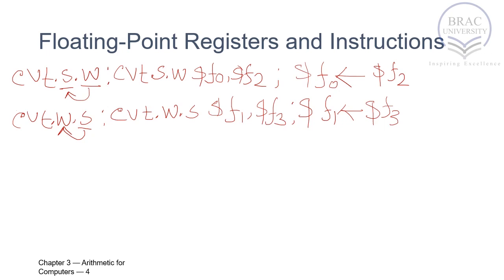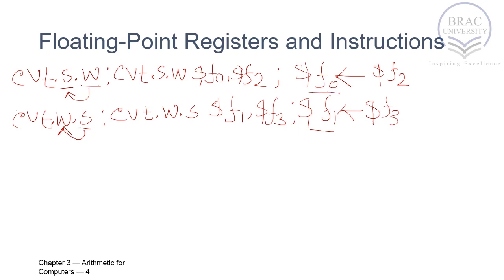That means we had a floating point value in F3, and we are converting it back to integer value and storing it in register F1. So now F1 has an integer value, and in the earlier case F0 has a floating point value.